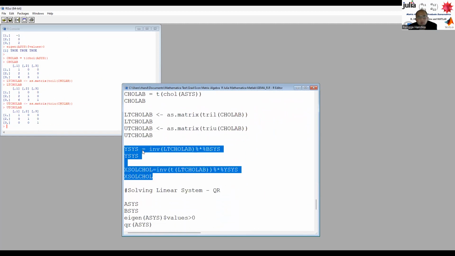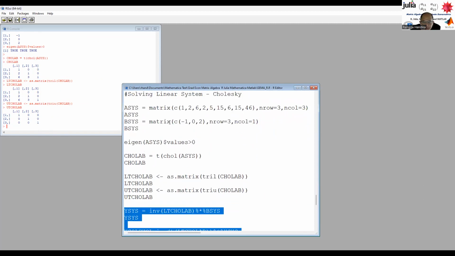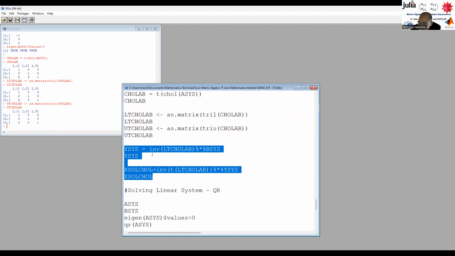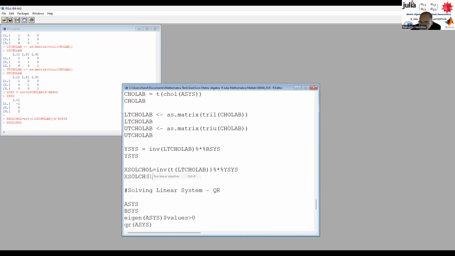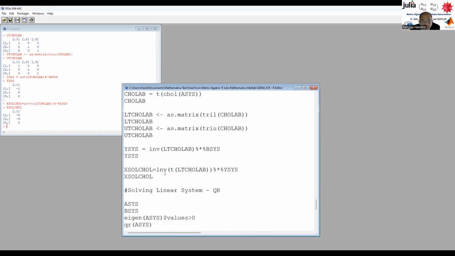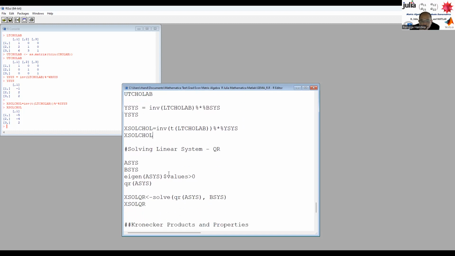And then you calculate Y, which is the inverse of the lower triangular multiplied by B. B is the right-hand side. And then you can find the X solution with the inverse of the transpose of the lower triangular multiplied by Y. So this is the formula in matrix form.